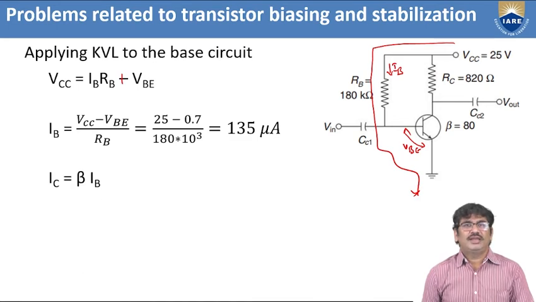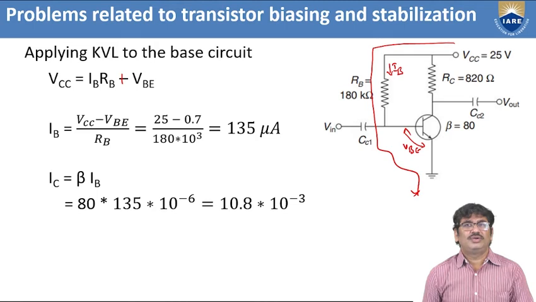Substituting beta as 80, estimated IB as 135 microamperes, we can write IC is equivalent to 80 into 135 into 10 power minus 6, which leads to 10.8 into 10 power minus 3. The collector current we can write as 10.8 milliamperes.